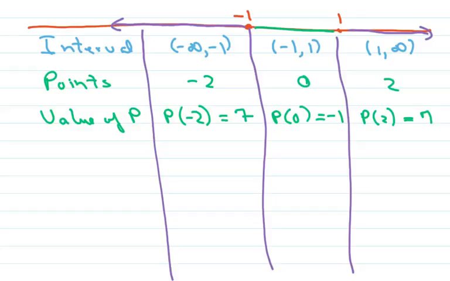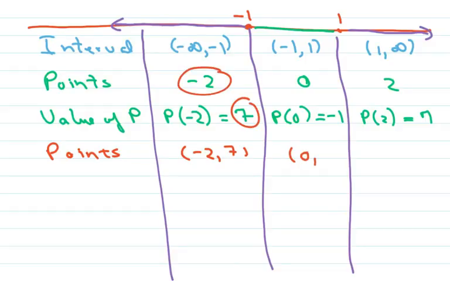And then I'm just going to write down my points, my x and my y. The points on the graph would be negative 2, 7; 0, negative 1; and 2, 7. And I'm going to graph this.